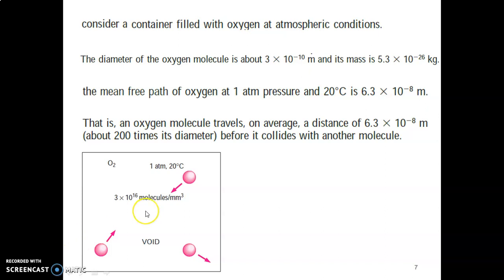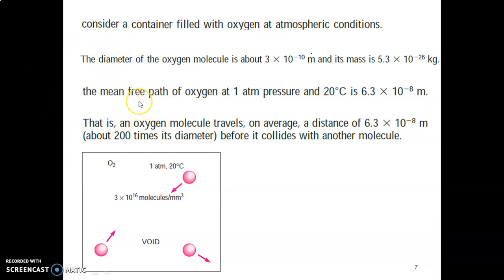We can record the distance like that for all the collisions. If we take the average value of all those paths of the molecules between two consecutive collisions, that average value is called the mean free path.